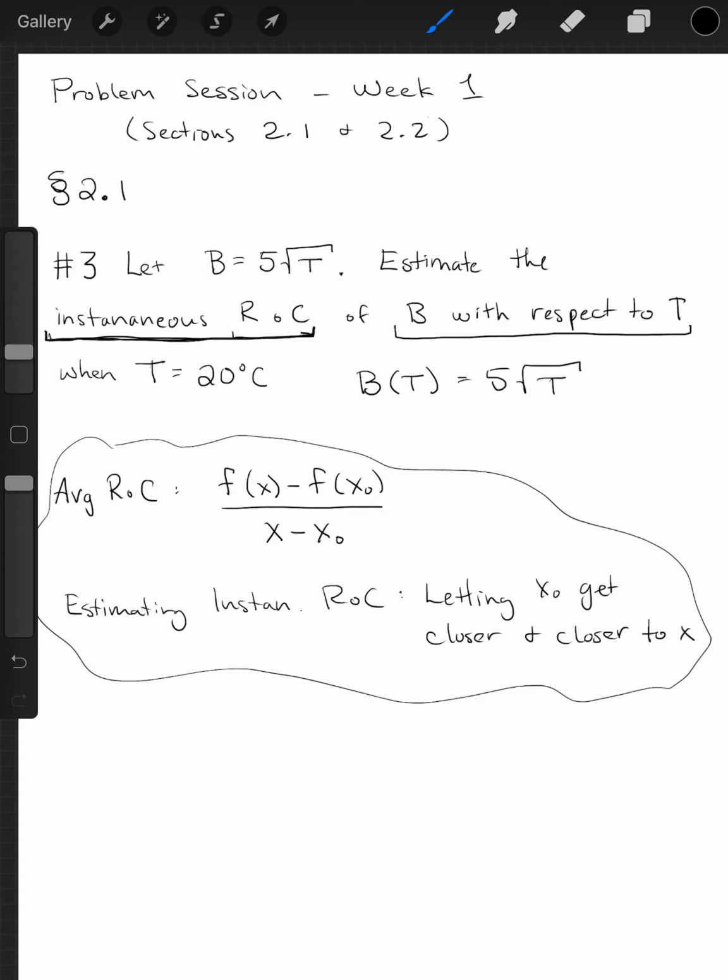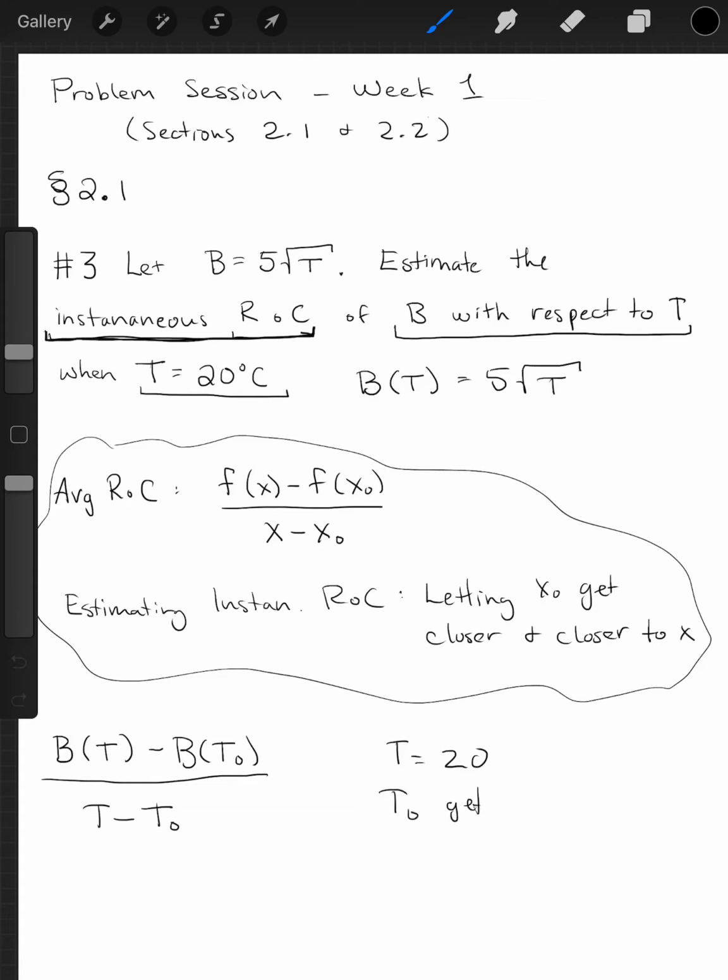For our purposes, we don't have f of x naught or x's at all. We have b of t, so we're going to be looking at b of t minus b of t naught all over t minus t naught. And the t is always going to be 20, coming from this thing here. And t naught is going to get closer and closer.